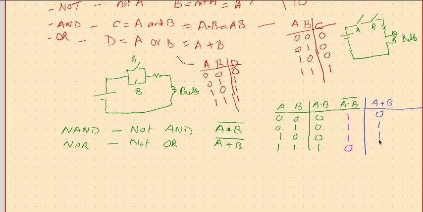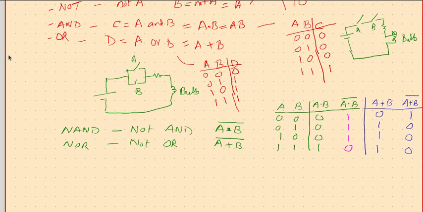For the other three conditions it will be 1, and hence the NOR operation is the complement of this. So only for the 0 0 condition you get a 1, for other conditions we get a 0. So that's the NAND operation, and this is the NOR operation. This is the truth table for these two gates.